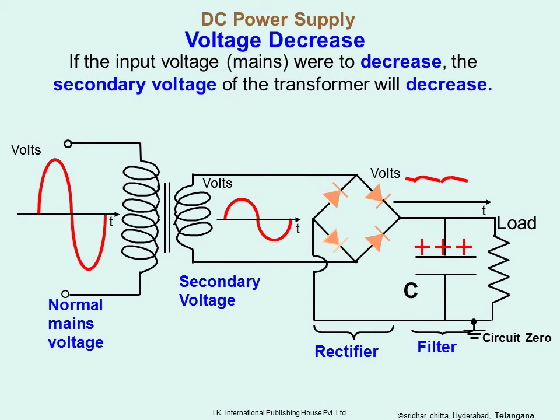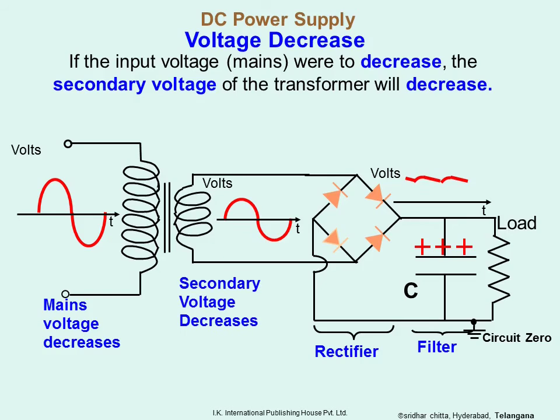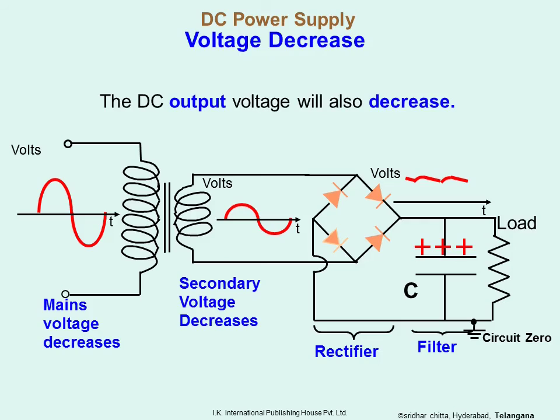If the input voltage mains were to decrease, the secondary voltage of the transformer will decrease. The DC output voltage will also decrease.